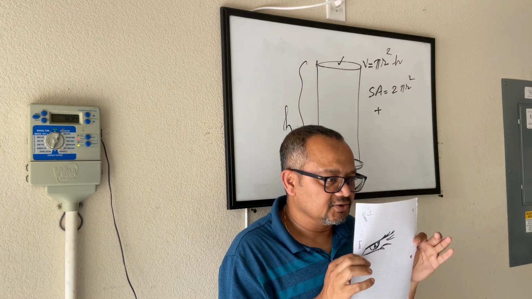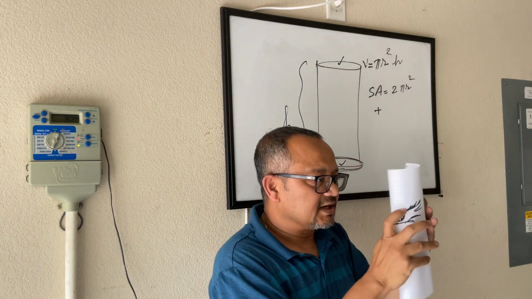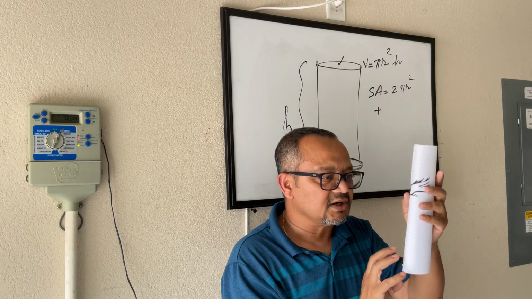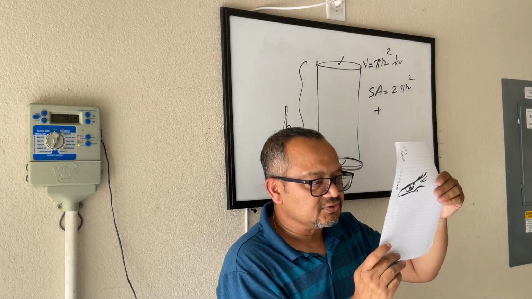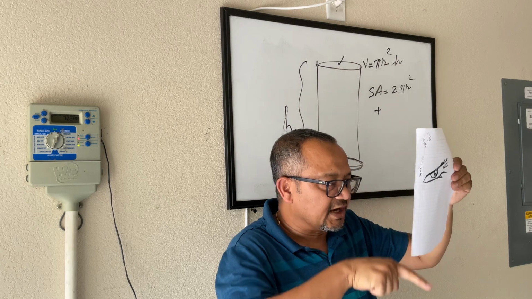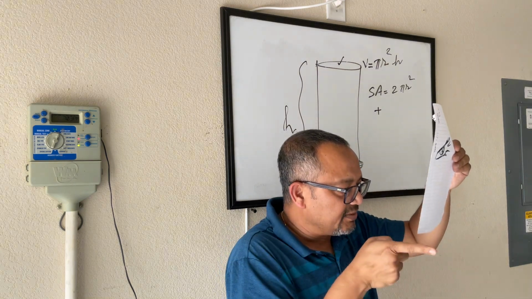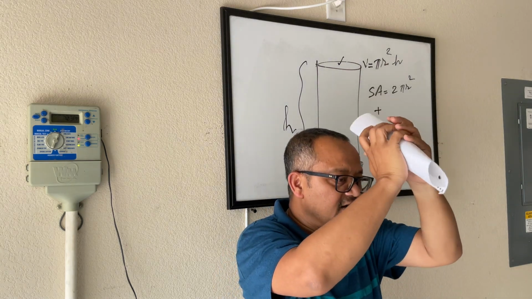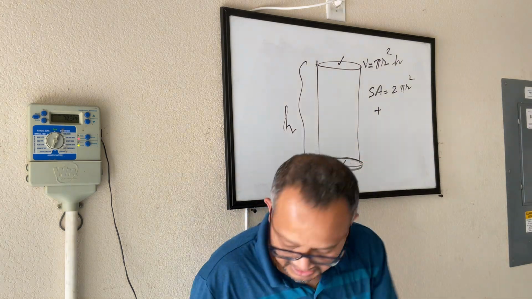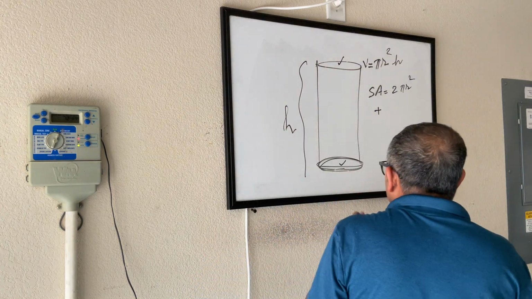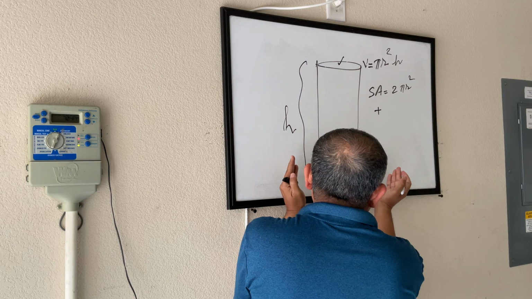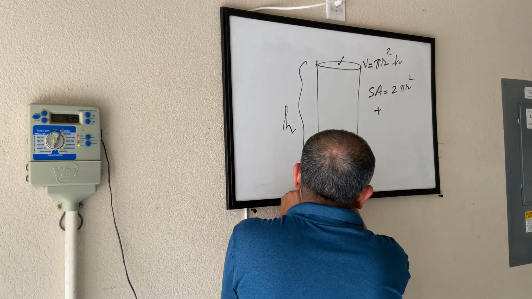Yeah. So basically this curved surface of the cylinder is nothing but this rectangle which has two dimensions. One side is the height of the cylinder, and other side is the perimeter of my original circle of the cylinder. So this thing was opened, and this is nothing but my perimeter.